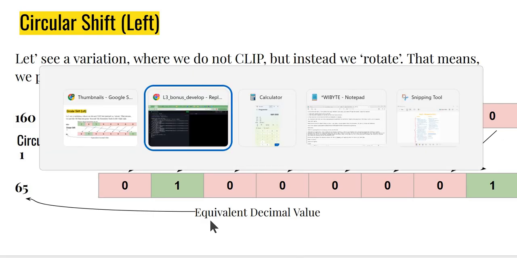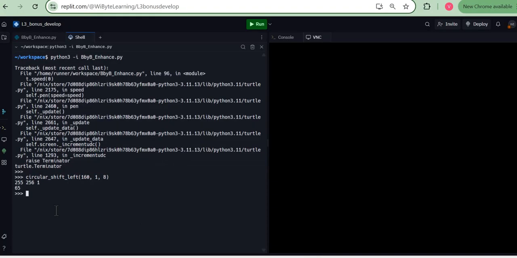But let's understand this a bit more carefully. You also notice that I'm printing the mask lower here, which is 255. That's because that's just the 8 bits all ones. Mask upper is 256. That's because this is just a single bit, and that's essentially 1 0 0 0 0 and so on and so forth, right? So that's 256. The overflow here is 1 because it's just 1 bit, and that is 1, right?